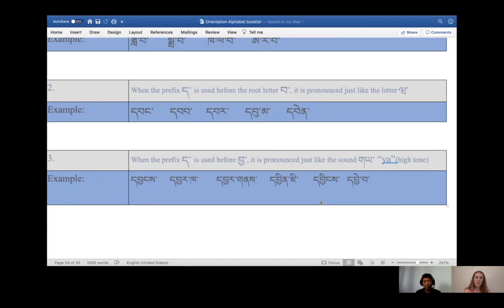It's important to keep that in mind so that you don't confuse it with the sound of pa, yata, cha that we learned originally. This only happens when the prefix ta is there before the letter pa, yata.